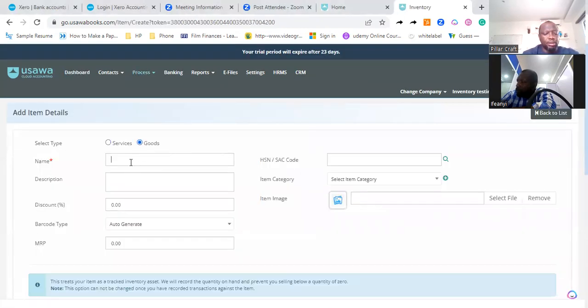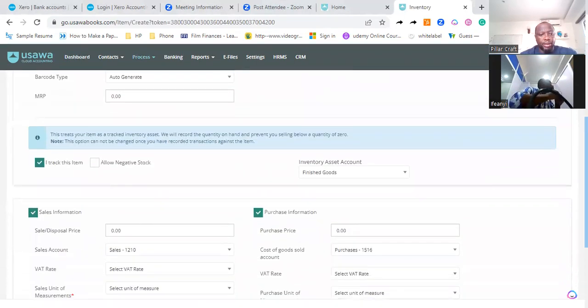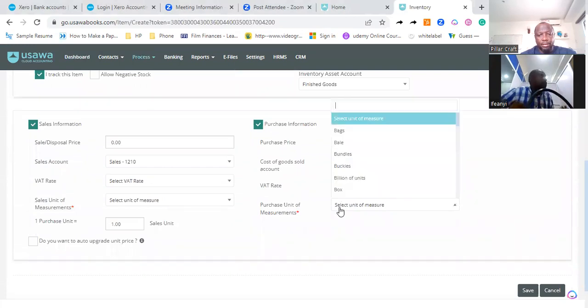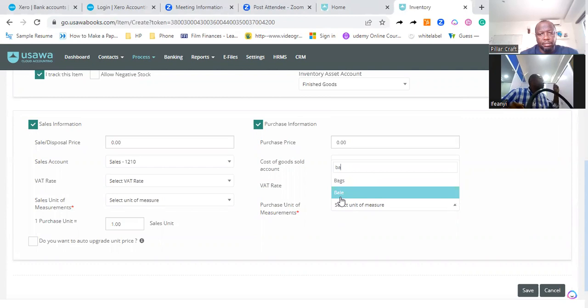So let me call it wholesale rice. Now, this is bought in bags, and we sell it in bags.